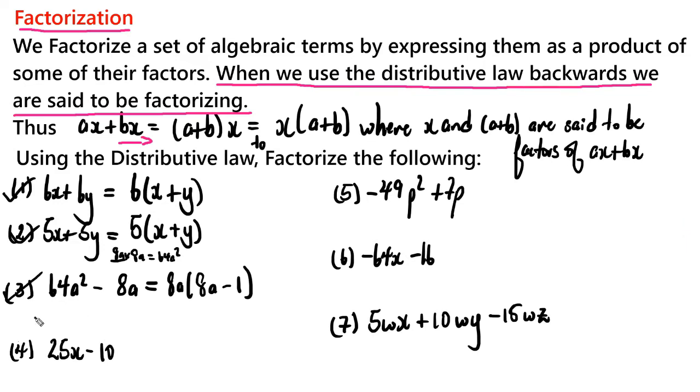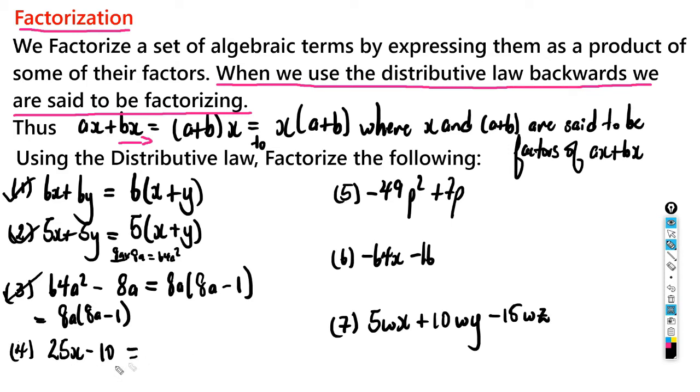So the solution is 8a times (8a minus 1). So when you're looking at these statements, guys, you have to really look to see what the factor really is for both algebraic expressions, okay?